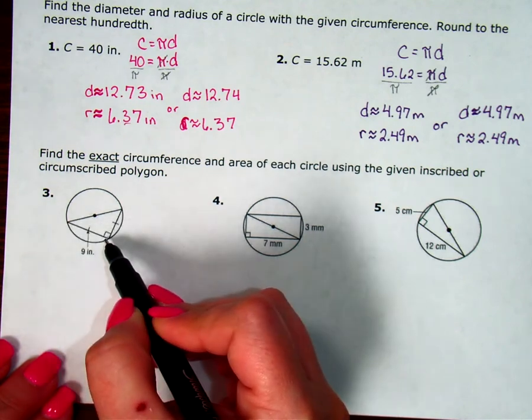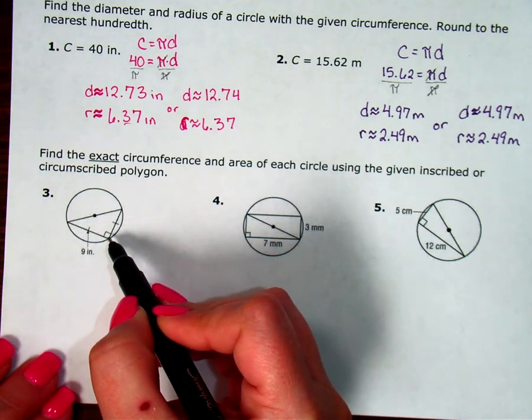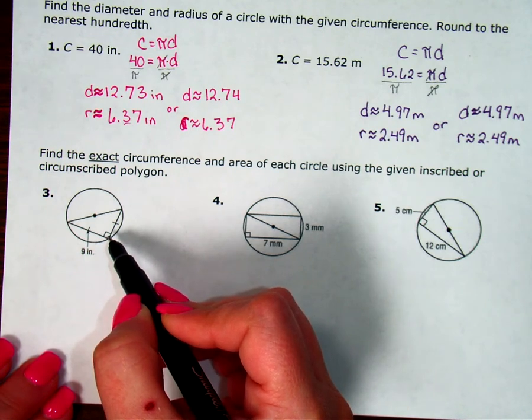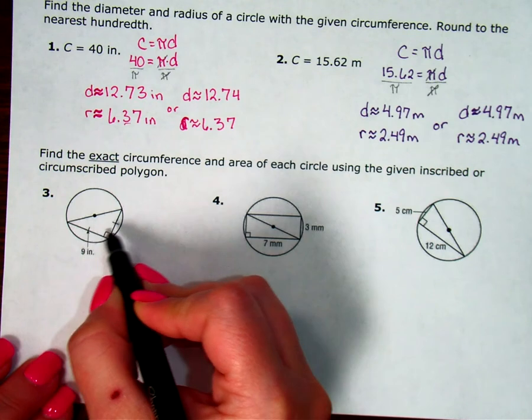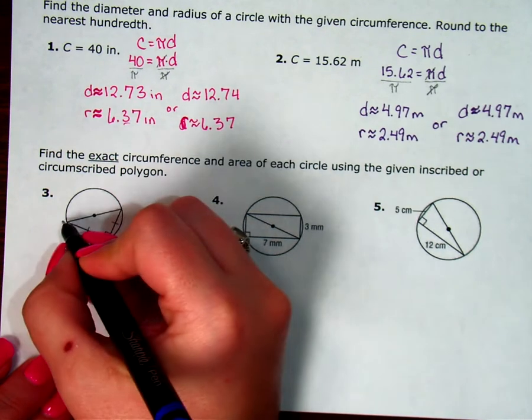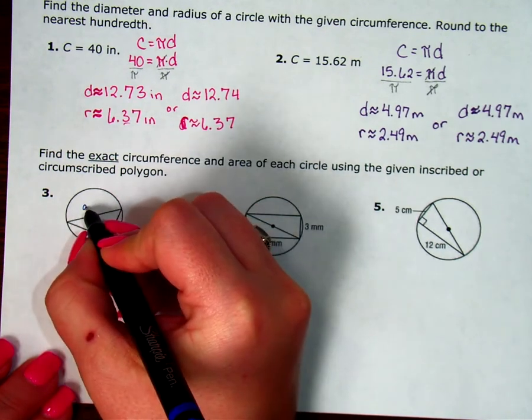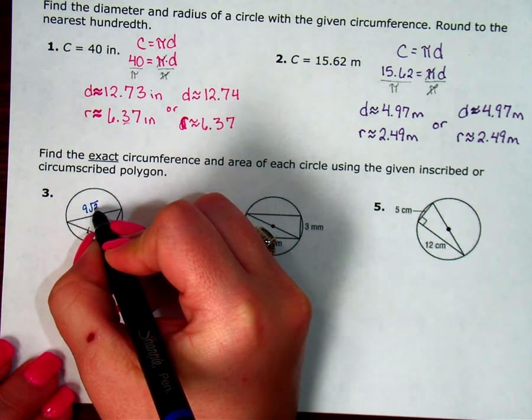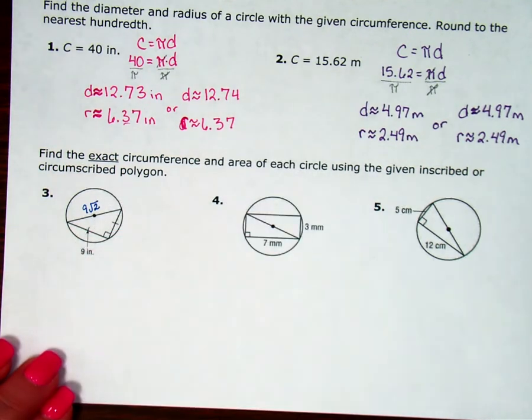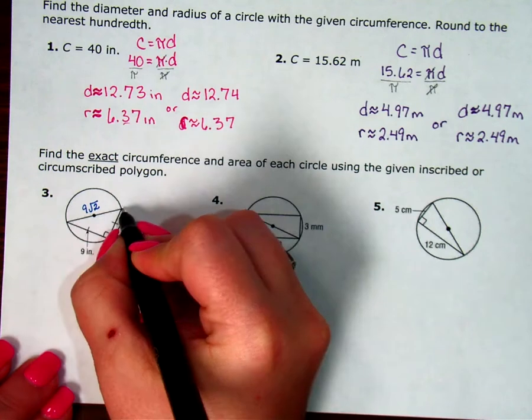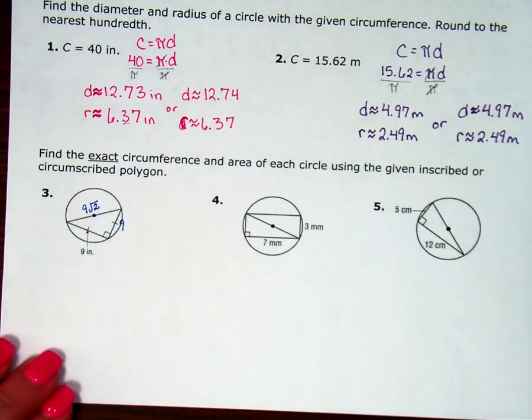So I know this is a 45, 45, 90 triangle because it's isosceles and right. So it's going to be 9, 9, and then this whole thing here is going to be 9 square root of 2. I just used my special right triangles for that.